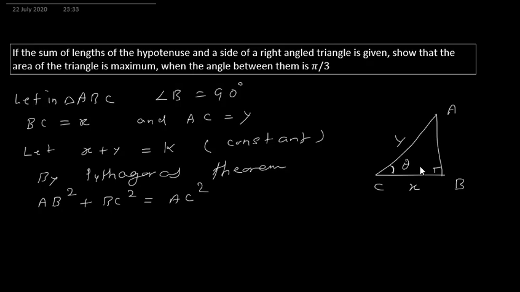Therefore BC square is x square, plus AB square, we don't know, equal to AC square, which is y square. Therefore I will get AB square is equals to y square minus x square.